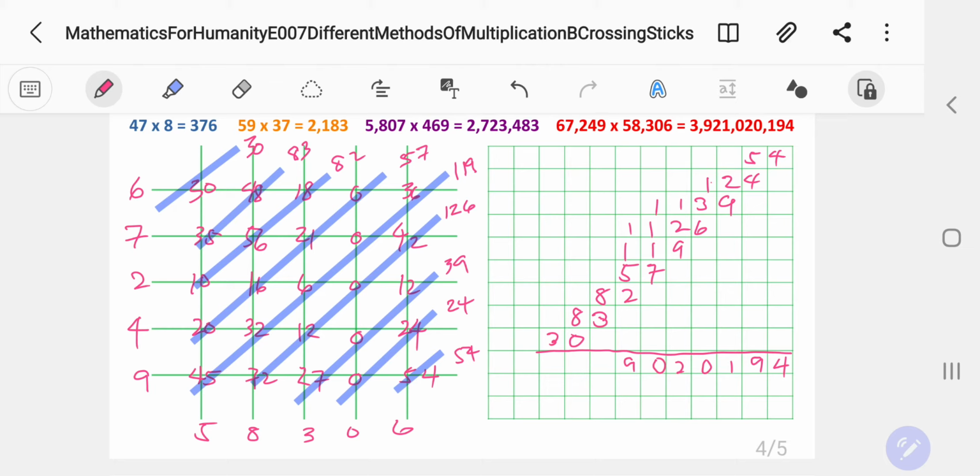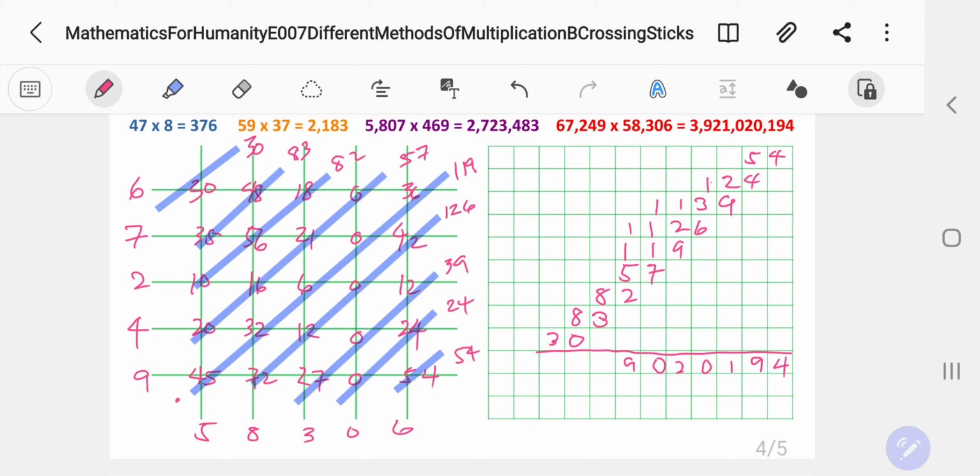And so this is now a mistake that we have committed here. So maybe we have a mistake here. 45 plus 32 would be 77, plus 6 would be 83. 83 plus 6.